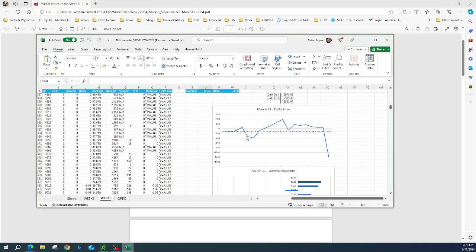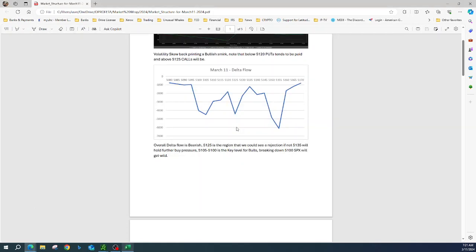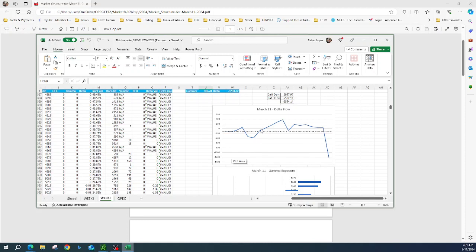Now we start to see bearish delta flow between 5,100 and 5,105. Before, we had full negative delta flow. Now we have positive delta flow above 5,110.